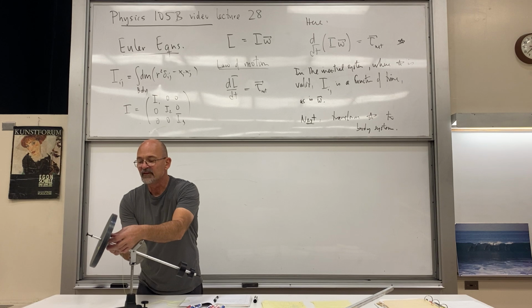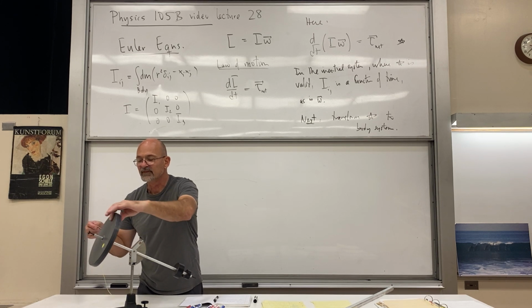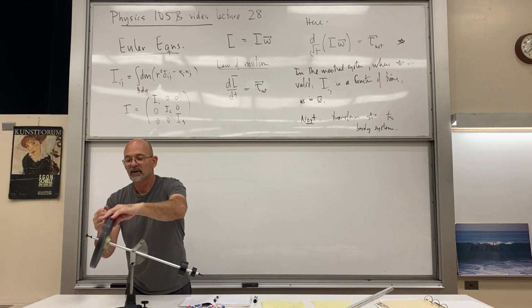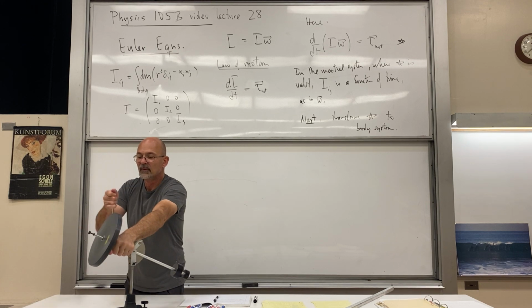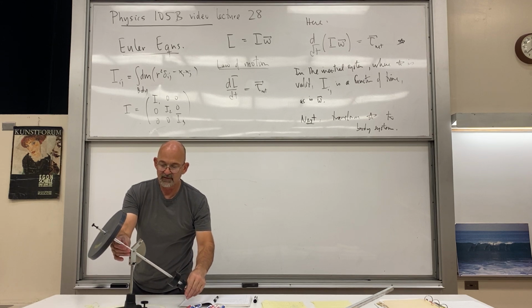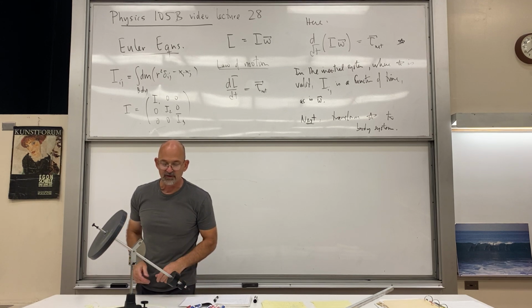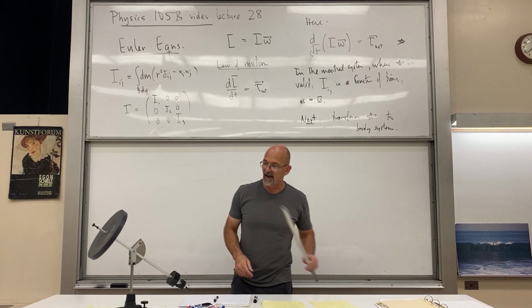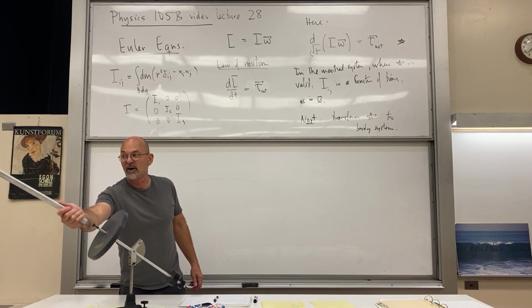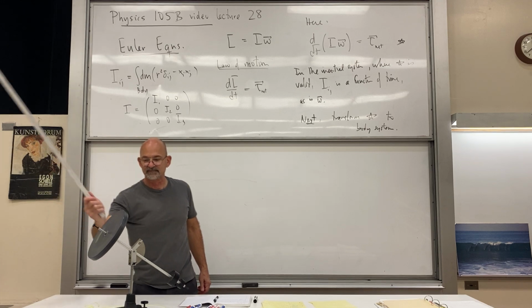You just spin this thing up. You don't even have to spin it up that fast. It's a pretty good device. Okay, so spin her up. And the point is, net external torque is zero, and the angular velocity and angular momentum vectors are both parallel, pointing in the same direction.